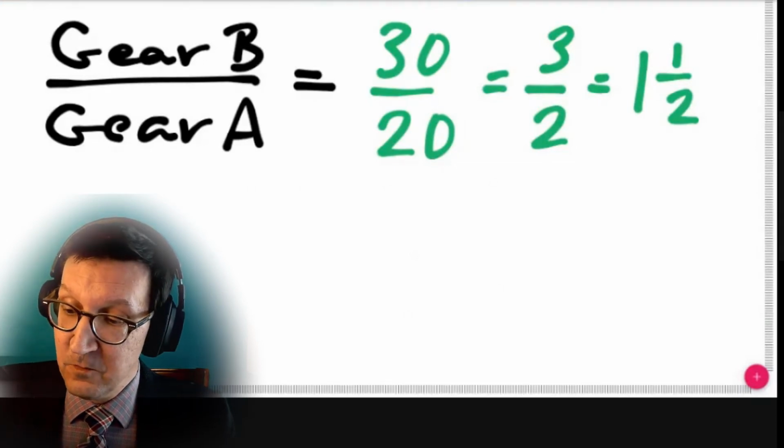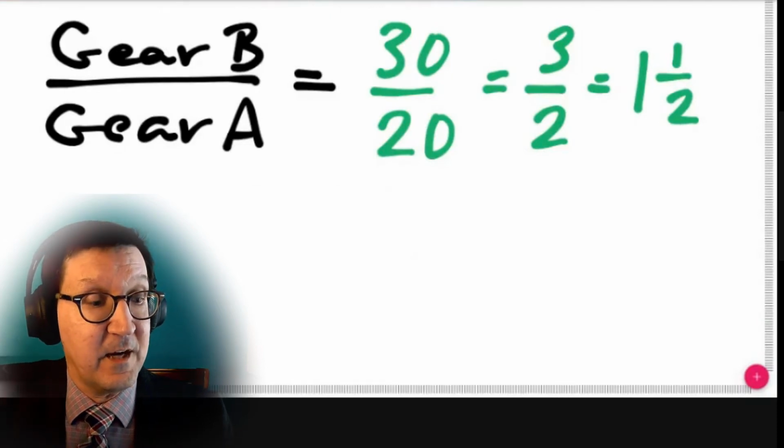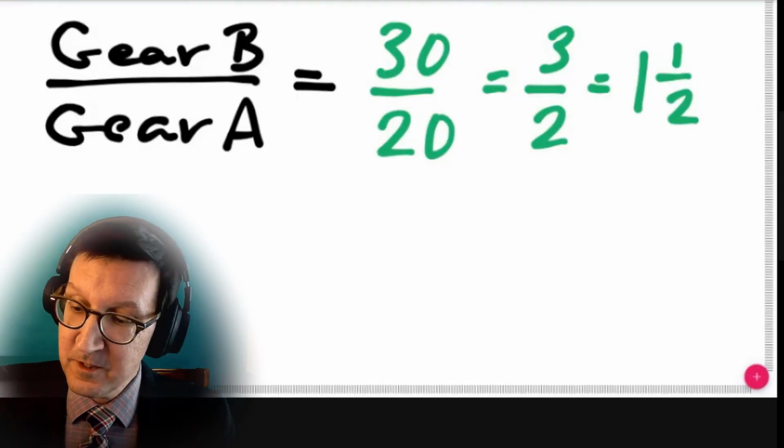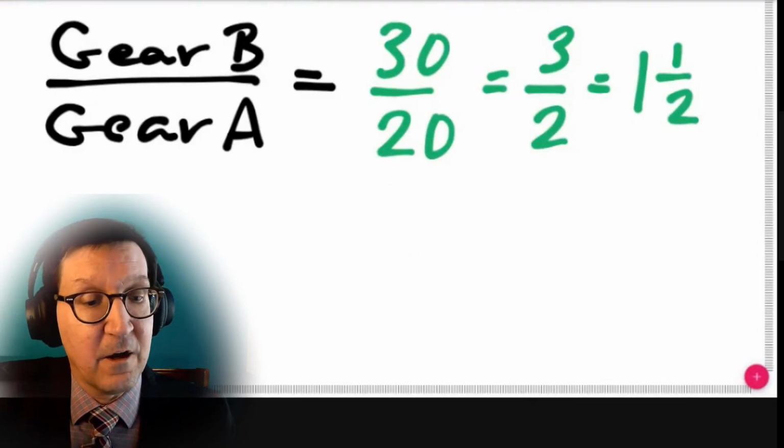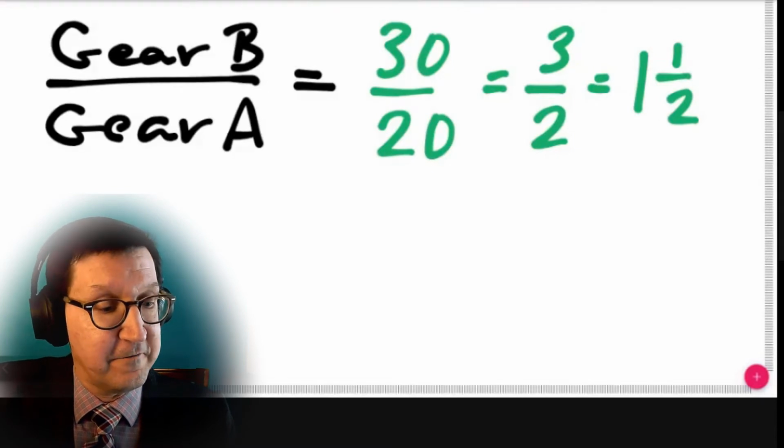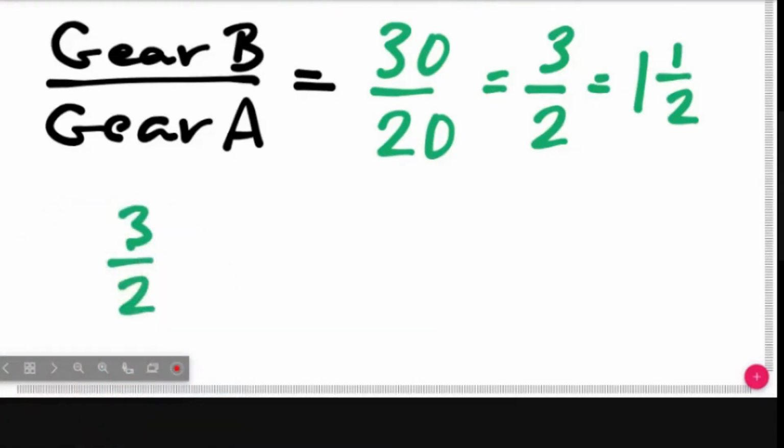So we want to know what happens when gear A turns 60 times. How many times does gear B turn? So what we have to do is work out that ratio of 3/2 times for gear B turning gear A once, and multiply that times 60, because gear A is turning 60 times.